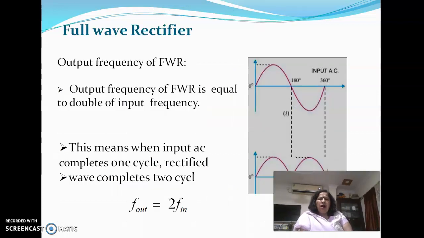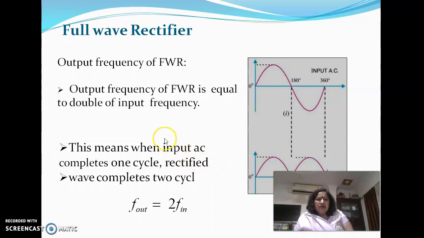If we see the output of a full wave rectifier, whether it is a bridge rectifier or a center tap rectifier, this is the input waveform, the AC signal, and this is the output waveform for a full wave rectifier. This is for a bridge rectifier. Two diodes will conduct for the positive half cycle, D1 and D2 as we have indicated, and D3 and D4 for the next cycle.